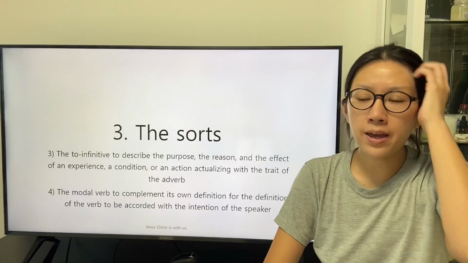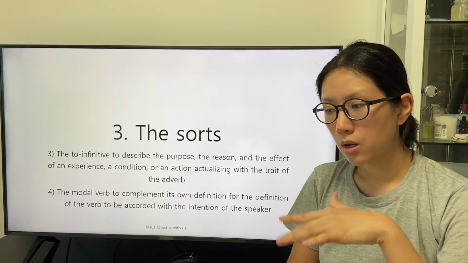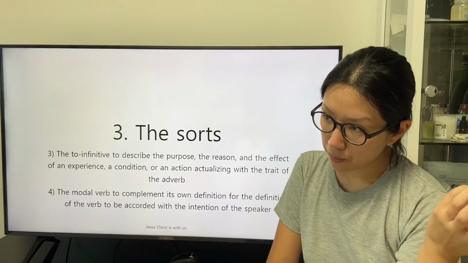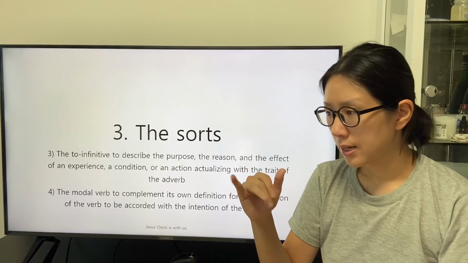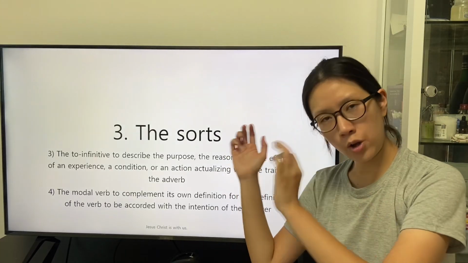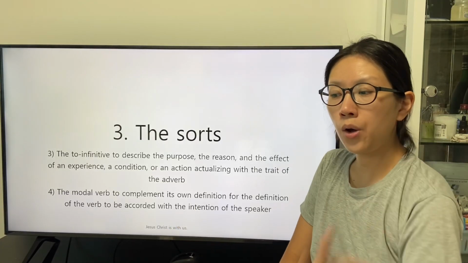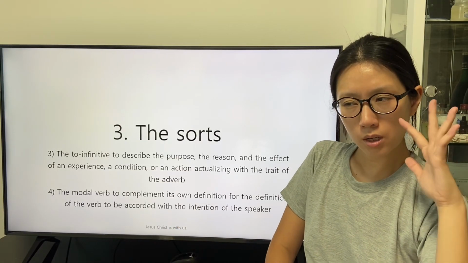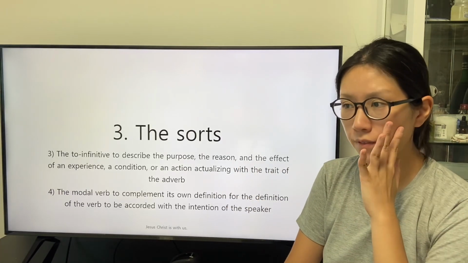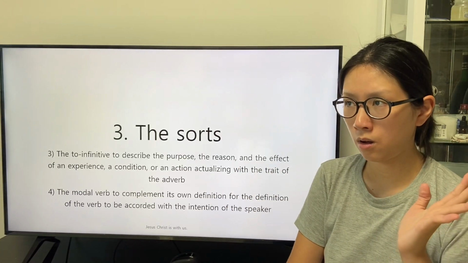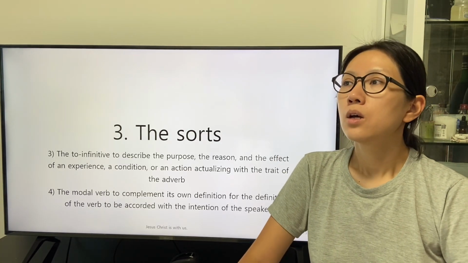We can understand that the forms of a gerund or a present participle and a to infinitive reveal their own information about the time related to the actualization of the experience, condition, or action.